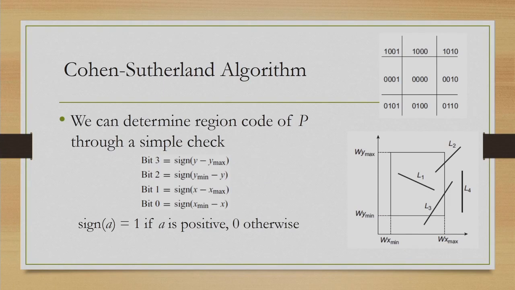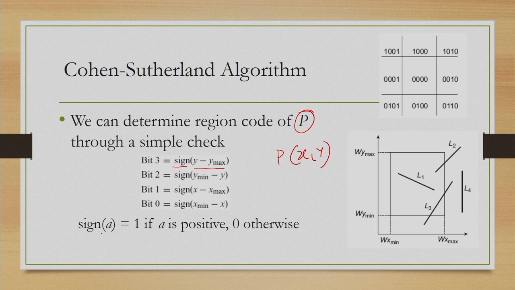Then we perform a simple check to determine the region code of the endpoint P. What are those checks? We check the sign of the difference between y and y max. P has coordinates x and y, and x max, y max, x min, y min are the window boundaries. So, we take the difference of y and y max and check its sign.